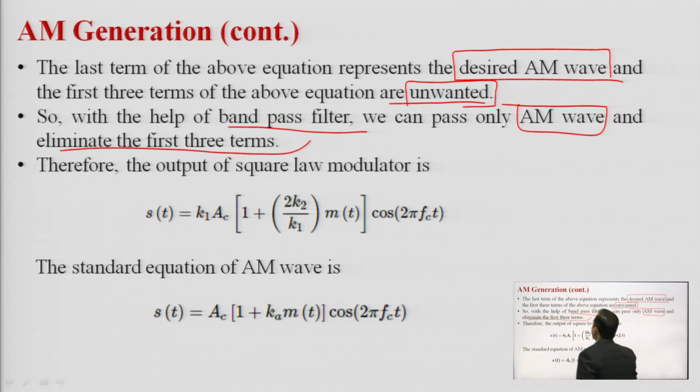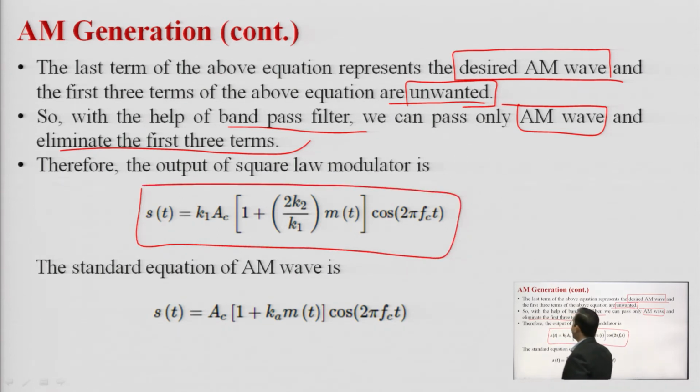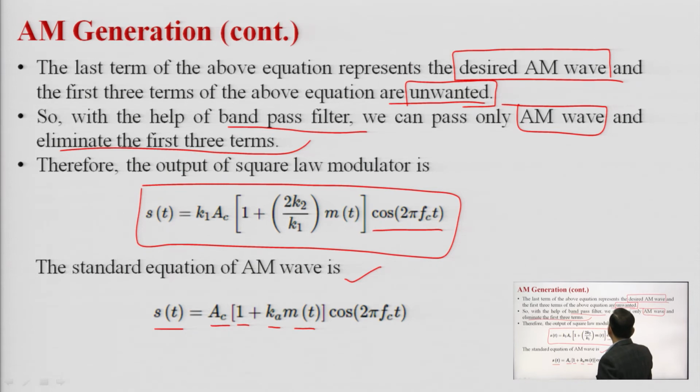Therefore the output of this circuit was s(t) equal to K1 Ac [1 plus (2 K2 by K1) m(t)] cos 2 pi fc t. We must remember the generalized equation of AM: s(t) equal to Ac [1 plus Ka m(t)] cos 2 pi fc t. We can clearly see equation number 3 and equation number 4 match.